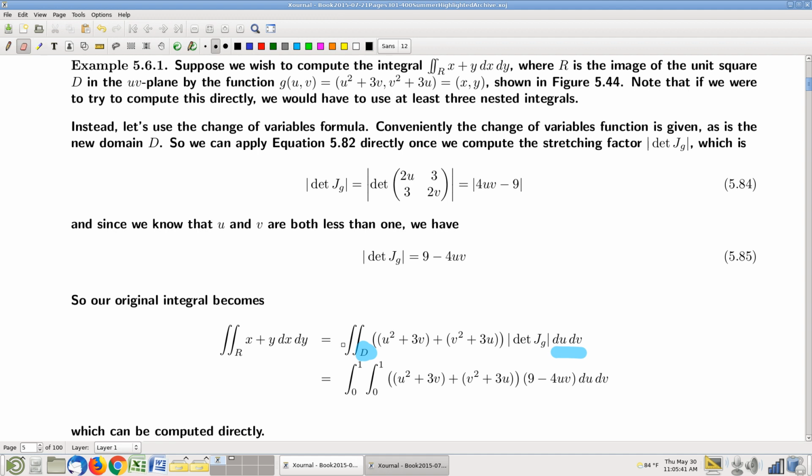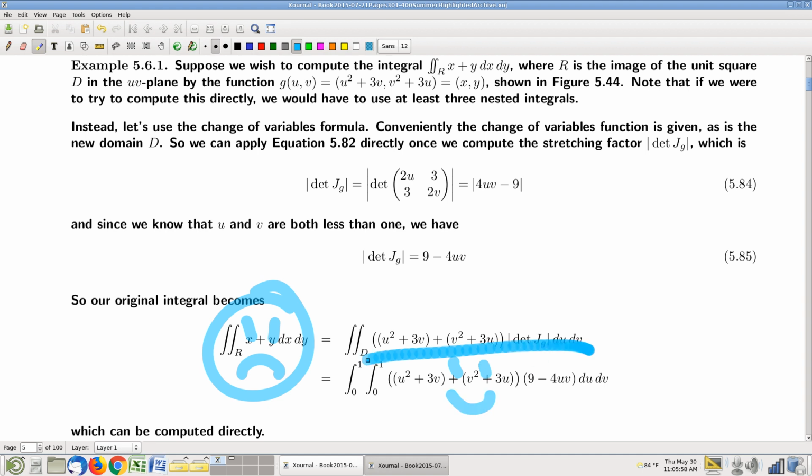We like that D domain because D has bounds 0 to 1, 0 to 1, right? It's the unit square. And so this nightmare of an integral here turns into this much nicer integral here.